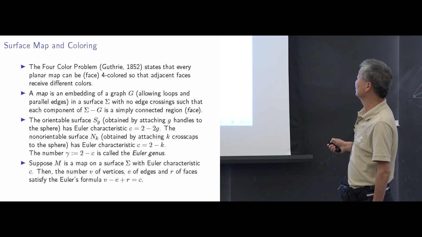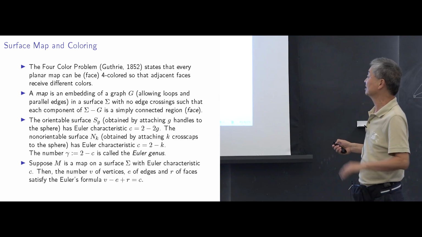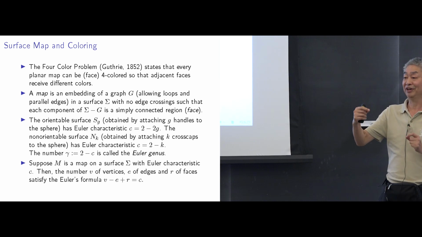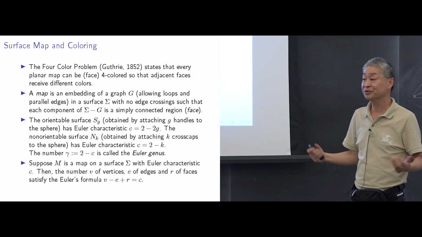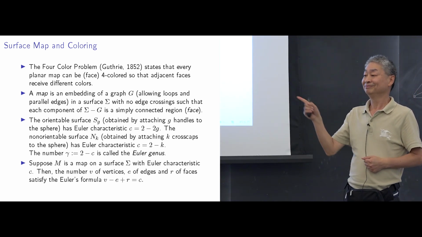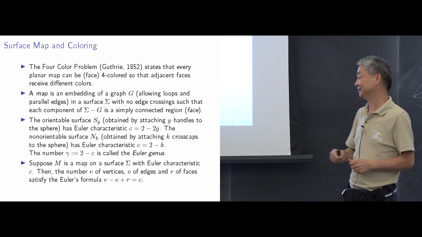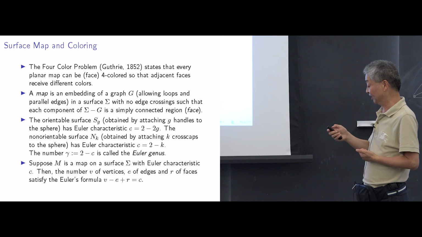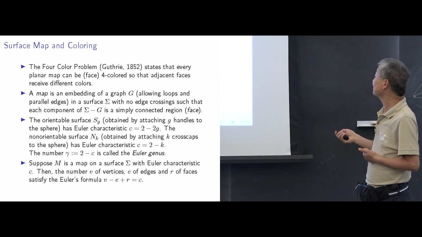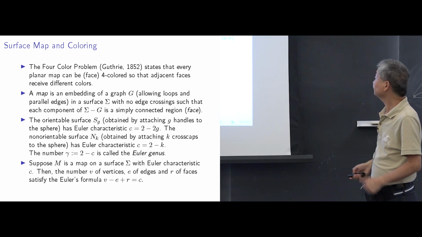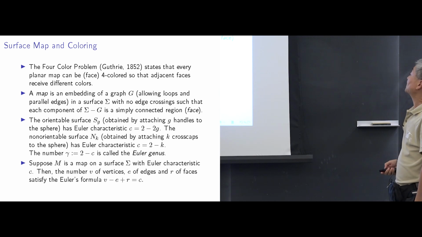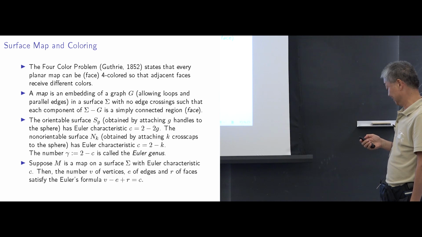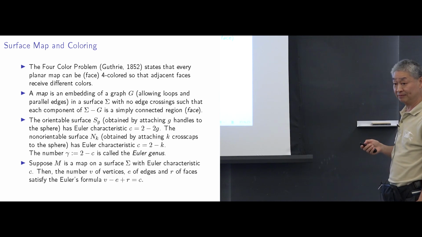Of course, the original statement is about coloring the faces properly so that adjacent faces receive different colors. But you can define the dual map, and so this is equivalent to the vertex version.